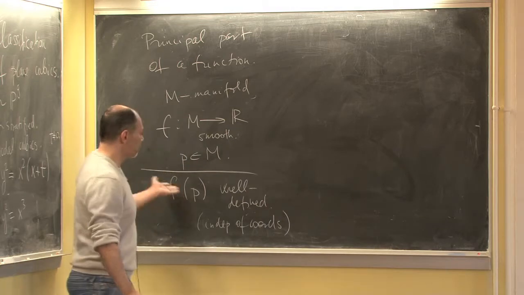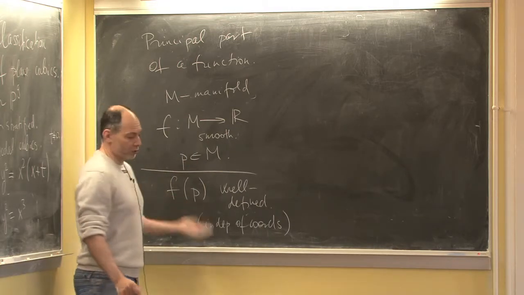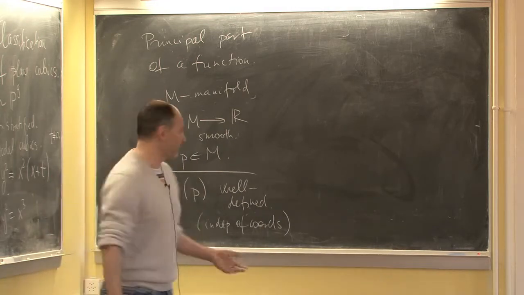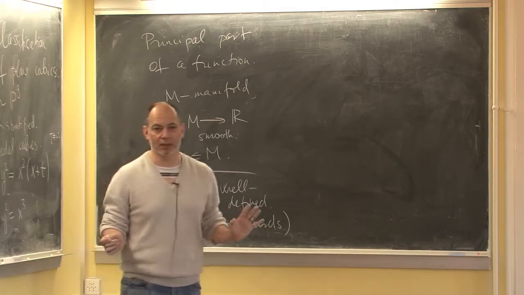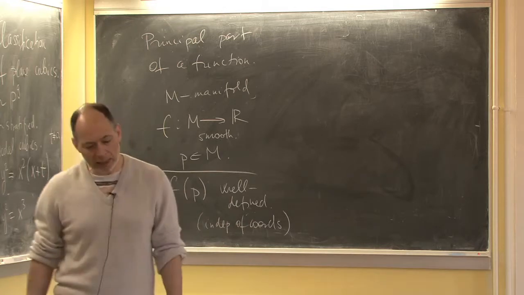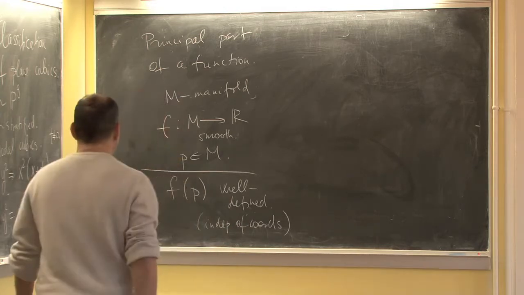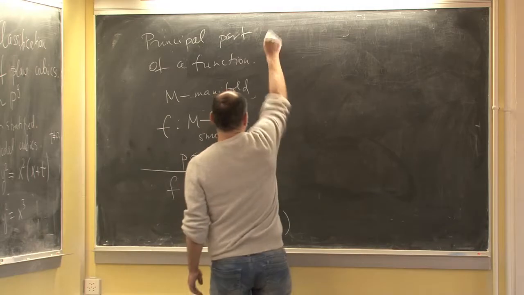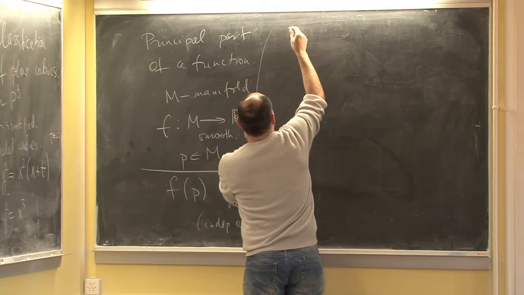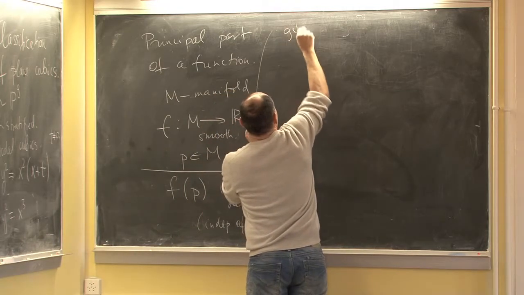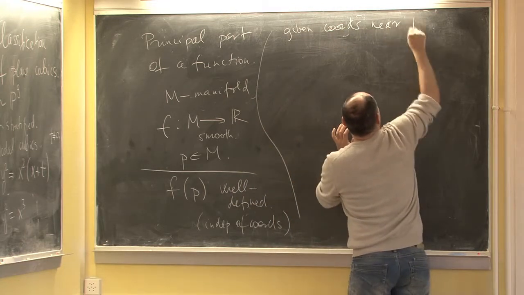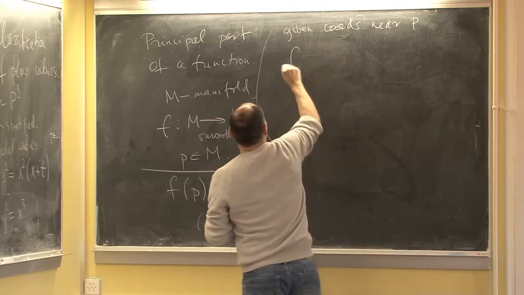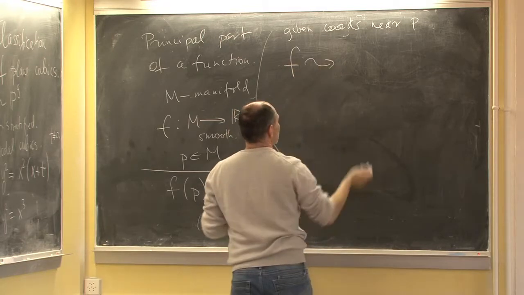Independent of coordinates, of course: no matter what coordinate I choose around the point P, the function f at that point will have the same value. That's clear. Okay? But now I can ask the following thing. Clearly, after having chosen coordinates near P, I can write f as a function of this sort.